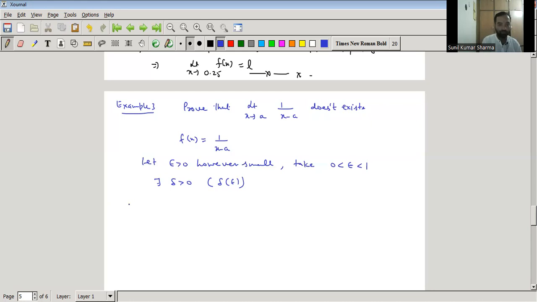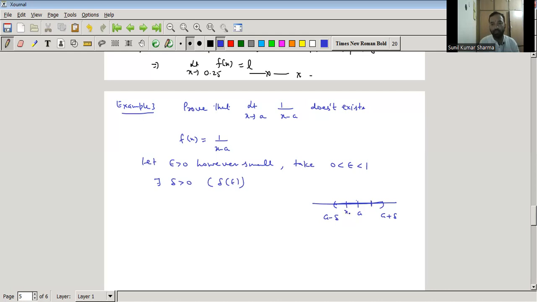Now what we have to do? We have to take a neighborhood at point a. Now we have to take x1 and x2, any points in between.